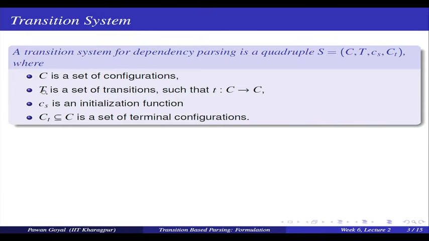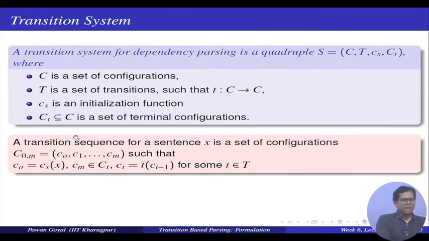Capital T denotes a set of transitions, and each transition takes me from one configuration in the set C to another configuration in the set C. CS will be an initialization function that you will give a sentence as input, and you will find the initial configuration as output, and then you will have a set of terminal configurations. That means whenever you reach a terminal configuration via your operations, you will stop and you will call it your dependency graph.